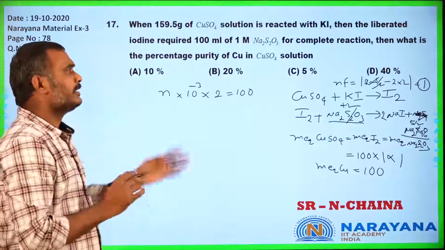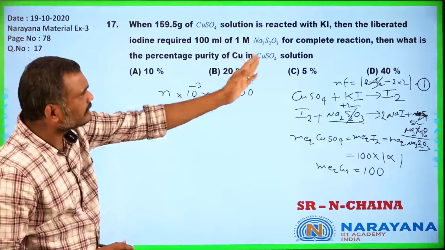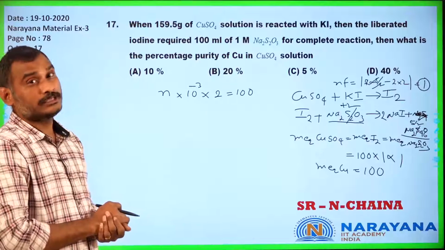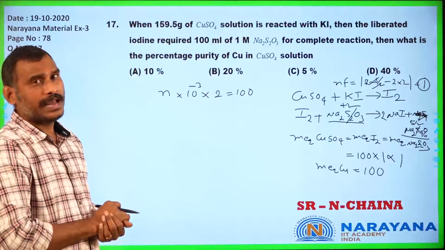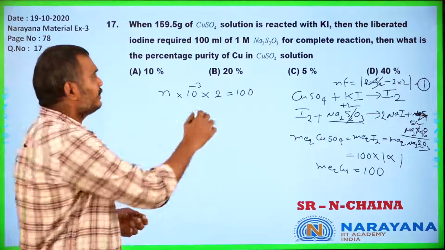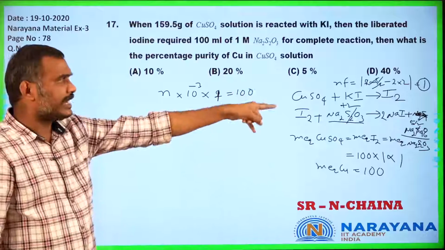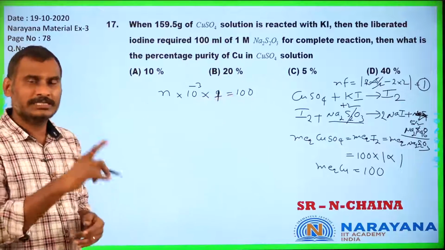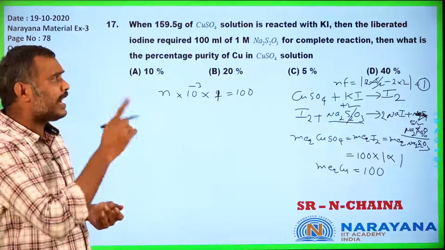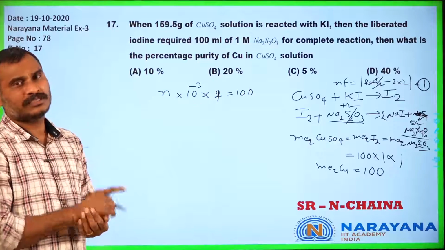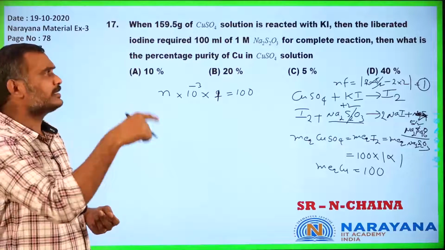No. Here copper solution on treating with KI produces CuI, whose n factor is also 1. Here copper sulfate on reaction with KI produces CuI plus I2 plus what is remaining? K2SO4. CuI plus I2 plus K2SO4.